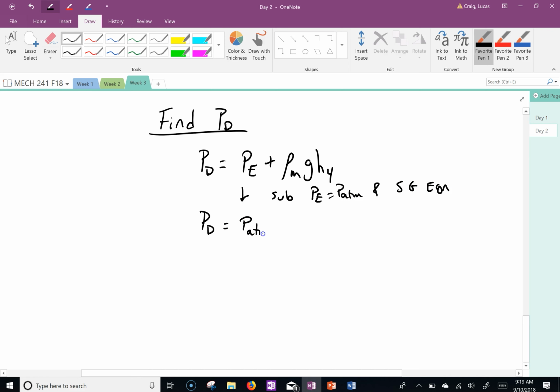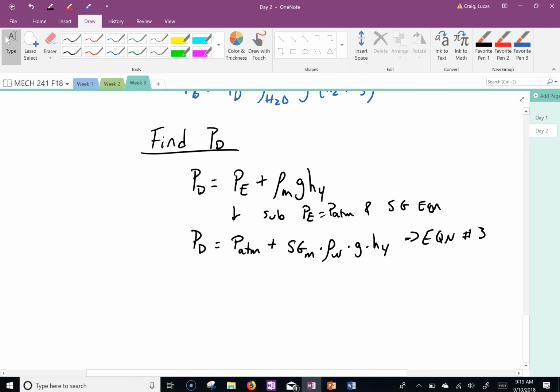P atmosphere plus specific gravity of mercury times rho of water times G times H4. And I called this equation number 3. And now we can sub, right? We have everything. Everything on the right side is in our givens. So sub. And I'm going to put equation number 3.